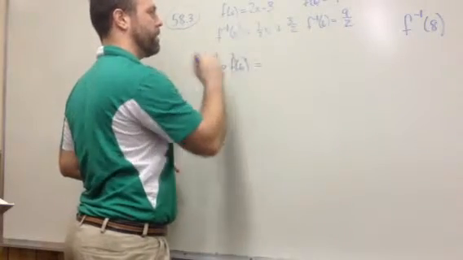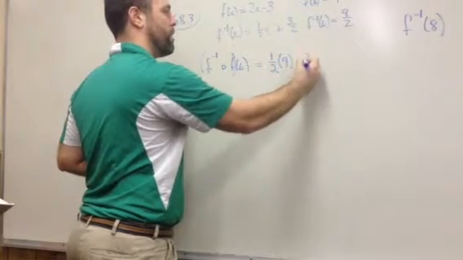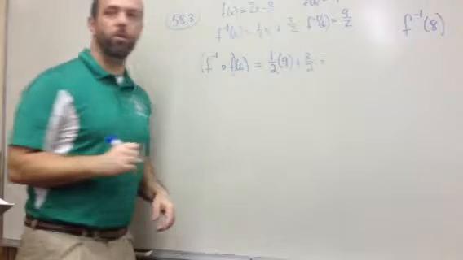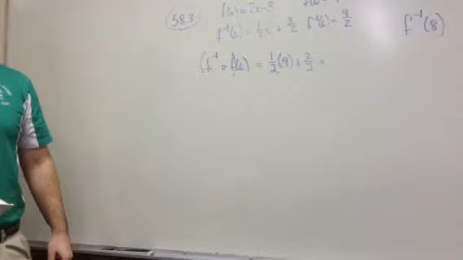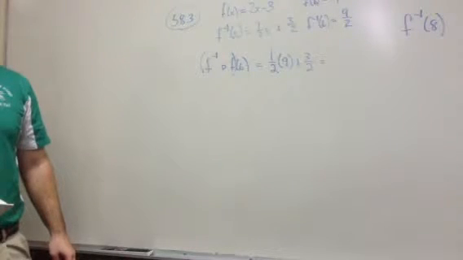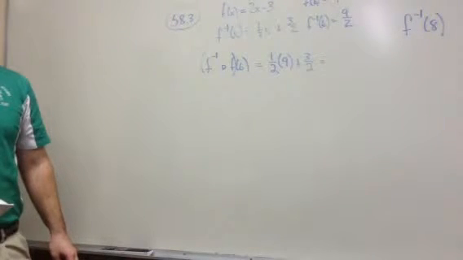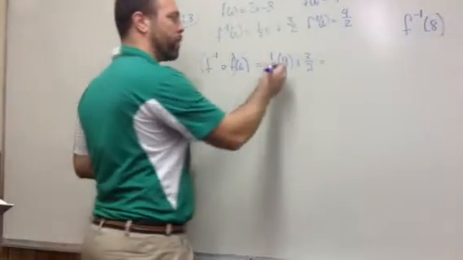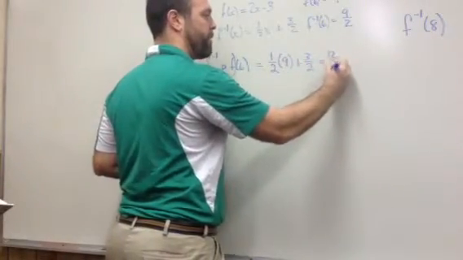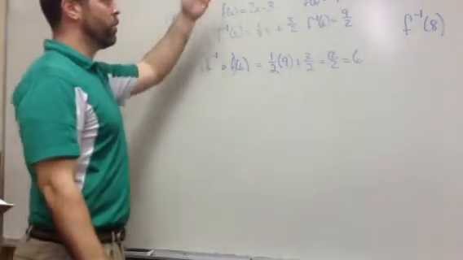So we have 1/2 times 9 plus 3/2 would equal what? 9/2 plus 3/2. Is this 6? Yeah, 9/2 plus 3/2 would be 12/2, right? And then we'd get 6, which we should expect because we're putting the inverse in.